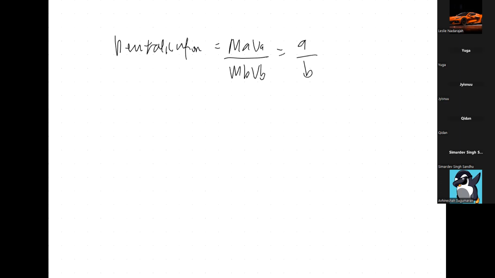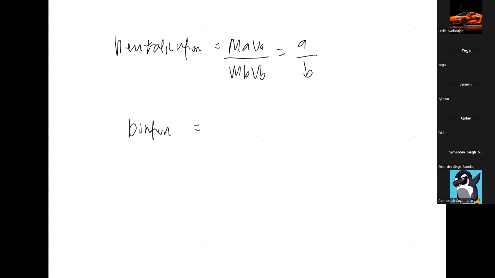Okay, how about dilution? What's the formula for dilution? All of you busy playing on my board, but no one can give me the formula for dilution.